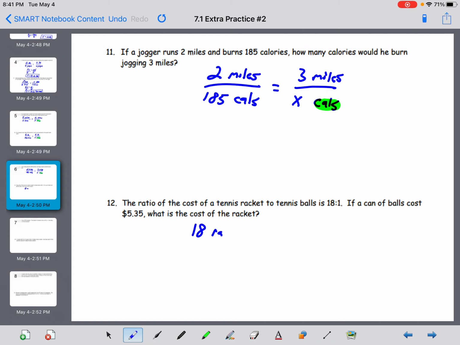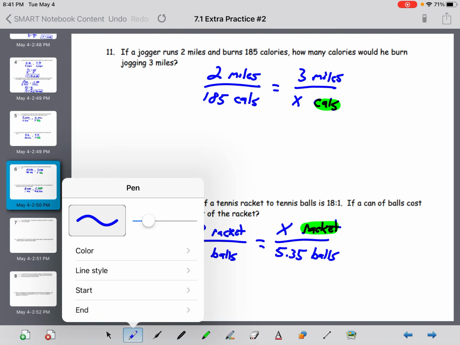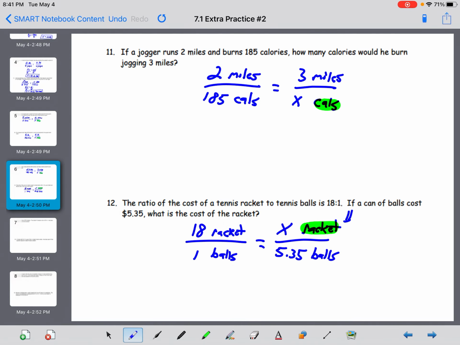So 18 for the racket and 1 for the balls. If a can of balls costs $5.35, what is the cost of the racket? Okay, so we are solving for the cost of the racket, which remember will be in dollars.